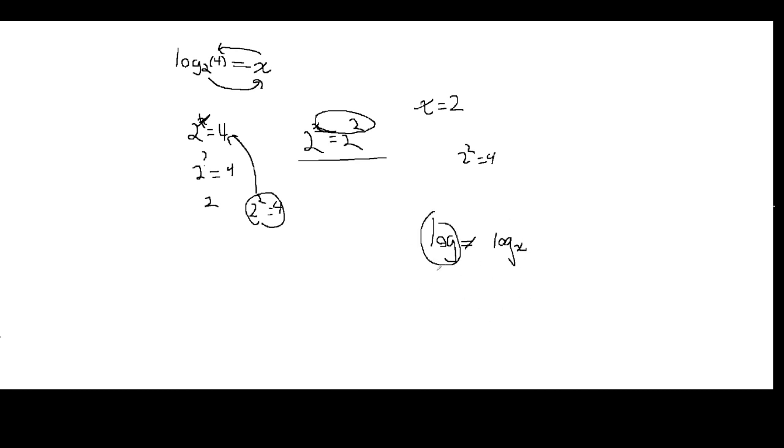This just means log base 10. This is log base whatever you want it to be. So you'd plug in a number for x. So log base 2, I'm checking on my calculator right now, log base 2 of 4, that's how you say it, equals 2. So we were right. And okay, so this is one of the forms that you can put this in. So now let's rearrange it.